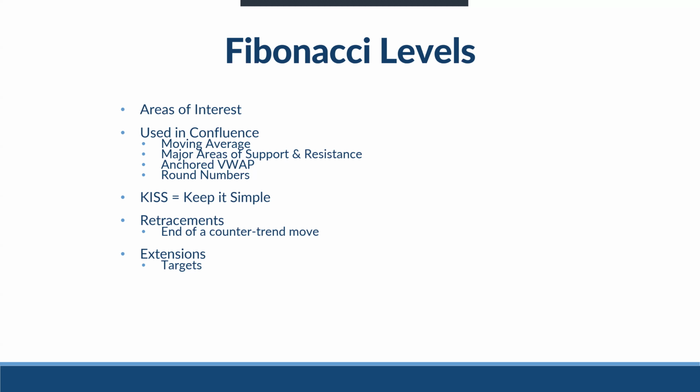Another one of the most important things is major areas of support and resistance, or supply and demand. If you can find an area that has huge demand, a lot of the times you'll see these huge pullbacks to this area if you zoom out a little bit and look at it on a monthly or a weekly basis instead of the daily or hourly time frame that a lot of us are trying to trade in. Because who doesn't want to trade fast and make money?